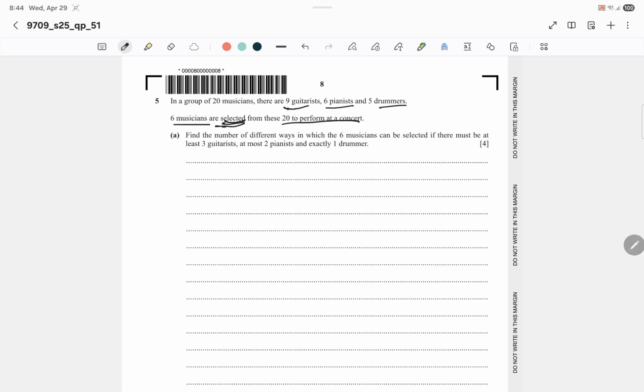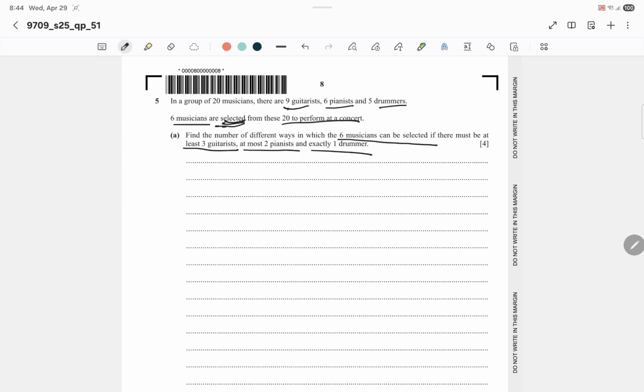Selection can never be permutation, because it doesn't matter which order you select. It doesn't matter if you select a guitarist first, or a pianist first, a drummer, or whatever you like. So basically you have to find the number of different ways in which 6 musicians can be selected if there must be at least 3 guitarists, at most 2 pianists, and exactly 1 drummer.